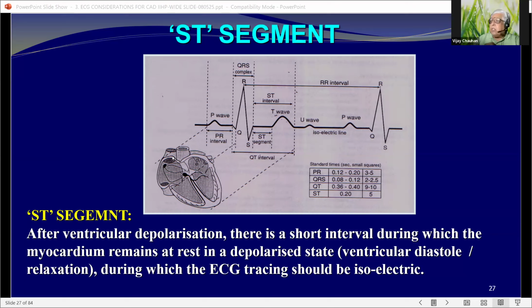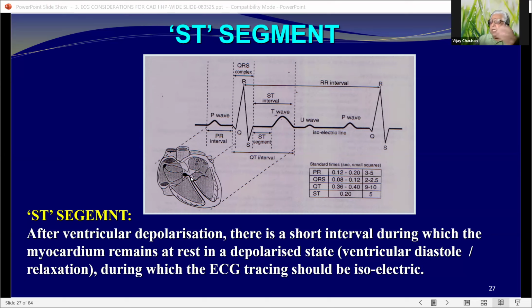There is a contraction. The P wave is the systole of atria. When the atria contract, it generates depolarization, and because of depolarization we have the P wave. Then the wave which started from the sinoatrial node reaches the AV node.